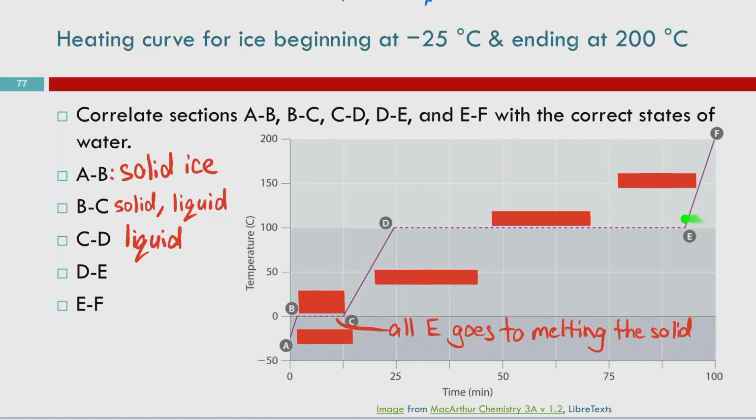And so from D to E, this very long stretch, what's the process happening here? Yeah, we're evaporating. So we've got our liquid, and we also have the gas. And this section is a lot longer than our B to C section because the delta H vap, that 40.7 that we saw on the previous slides, is a lot bigger than the 6.02, the delta H fusion for water.